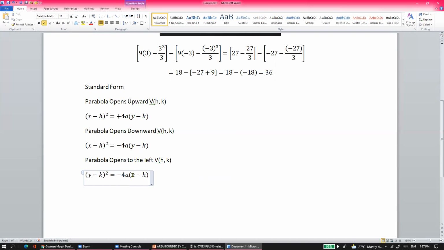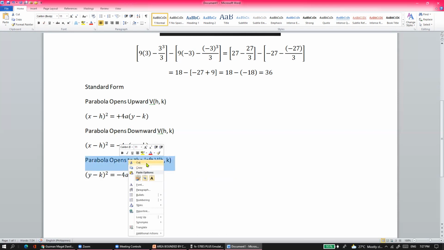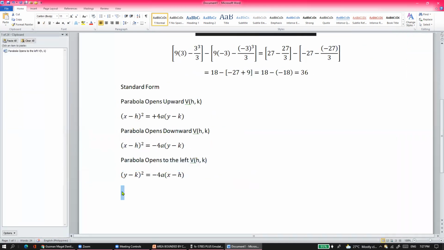So, dalawang bagay lang, to the left or to the right. At since ang 4a is negative, ibig sabihin to the left yan. Okay, so ito yung equation na kakailanganin natin. Di ba alam nyo to the left na kagad yan? Okay. Kapag to the right, ito naman siya.